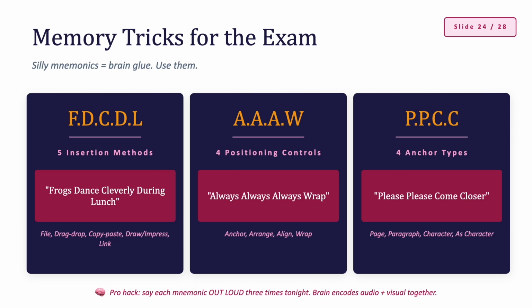Smart tricks to remember. Here are some quick memory tricks to help you remember everything. FDCDL stands for the 5 ways to insert things: file, drag and drop, copy paste, draw or impress, and link. AAAW stands for the 4 ways to position things: anchor, arrange, align, and wrap. If you have 11 filters, try making a silly sentence.